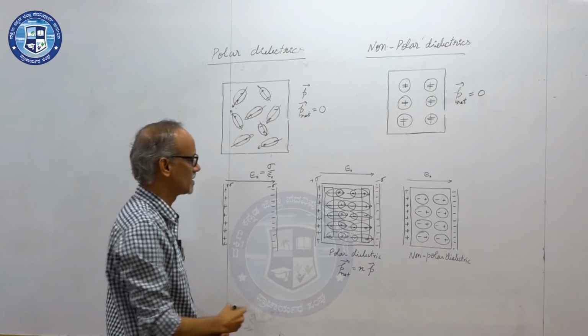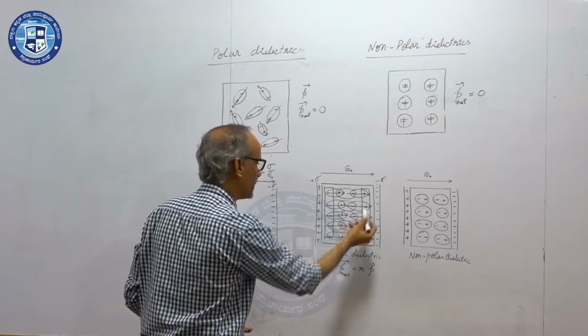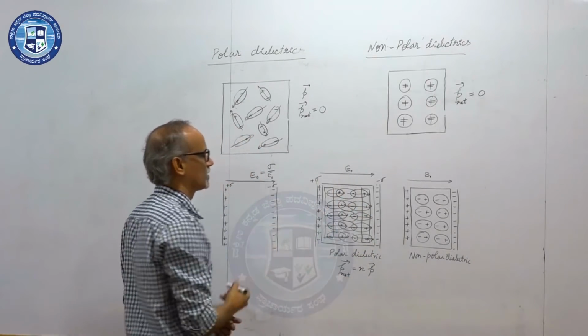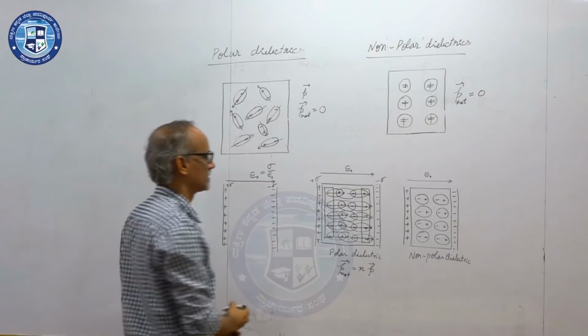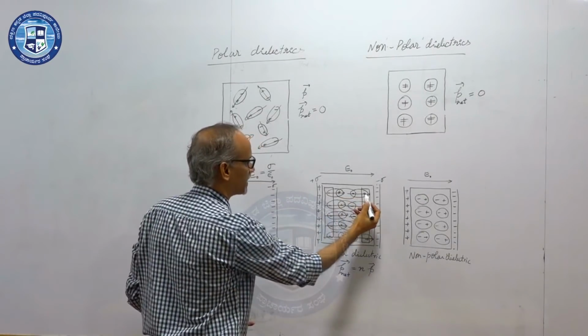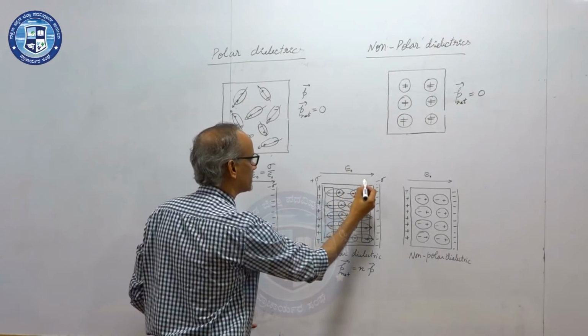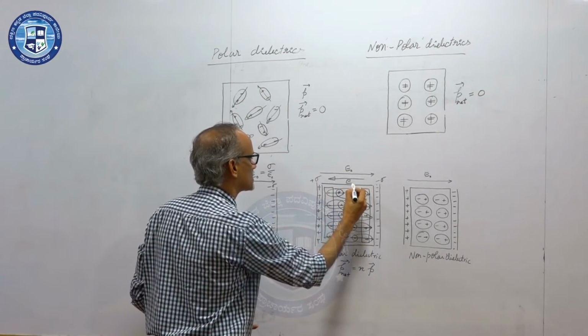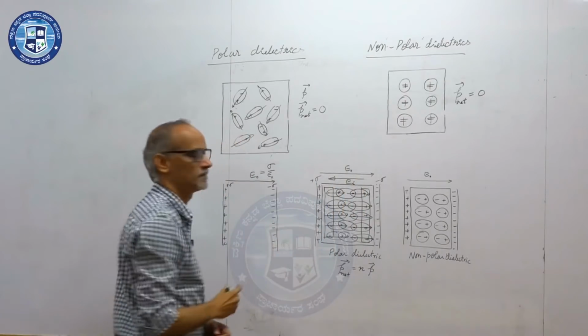That creates an electric field within the dielectric in a direction opposite to that of the external electric field, directed from positive to negative, which I am going to write as E suffix I.